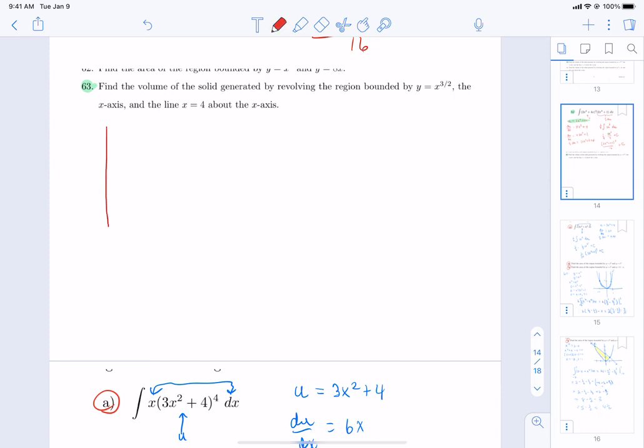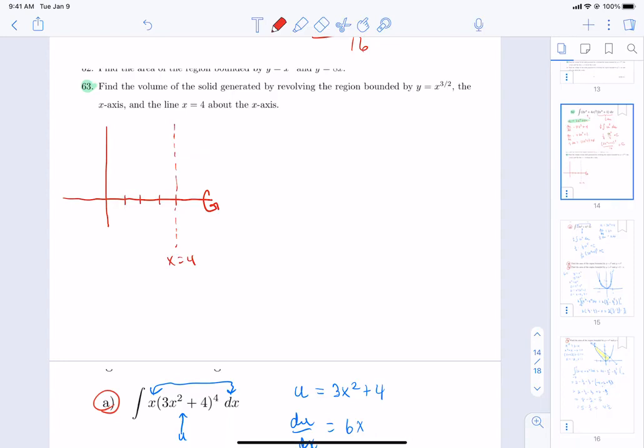So you need a picture. y equals x to the 3 halves is somewhere between a line and a square function, okay? Now, we want the x-axis and the line x equals 4. So let's just put the line x equals 4. 1, 2, 3, 4. There's the line x equals 4. Vertical line.